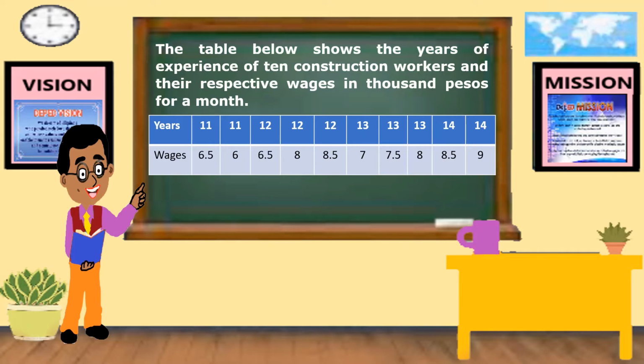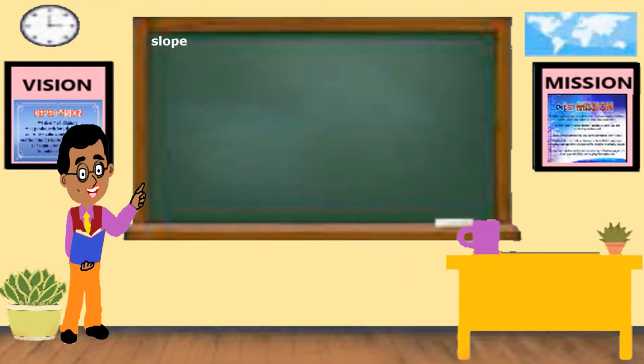And the wages, we have 6.5 or 6,500, 6 or 6,000, 6.5 or 6,500, 8 or 8,000, 8.5 or 8,500, 7,000, 7.5 or 7,500, 8 or 8,000, 8.5 or 8,500, and 9,000. A, determine the slope, and B, determine the y-intercept. Slope.